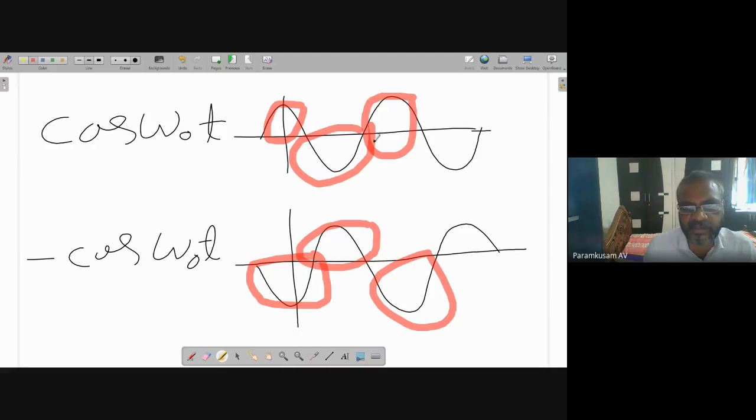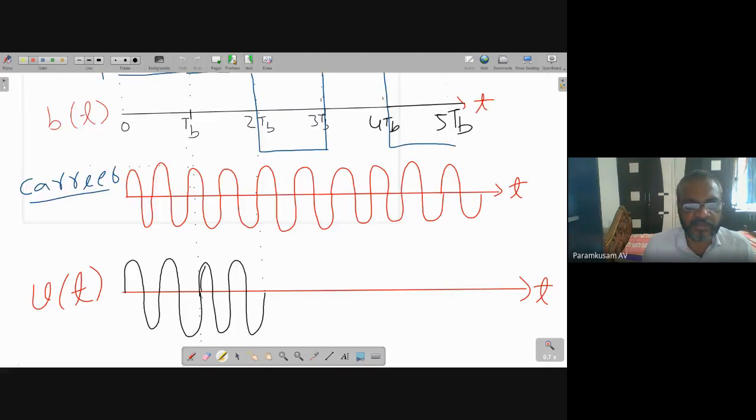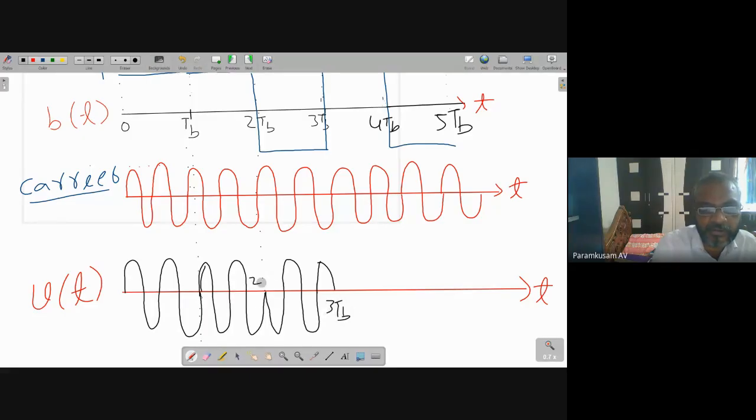You just multiply this signal with the minus sign, then you will get a signal. Okay, this is from 2 TB to 3 TB.